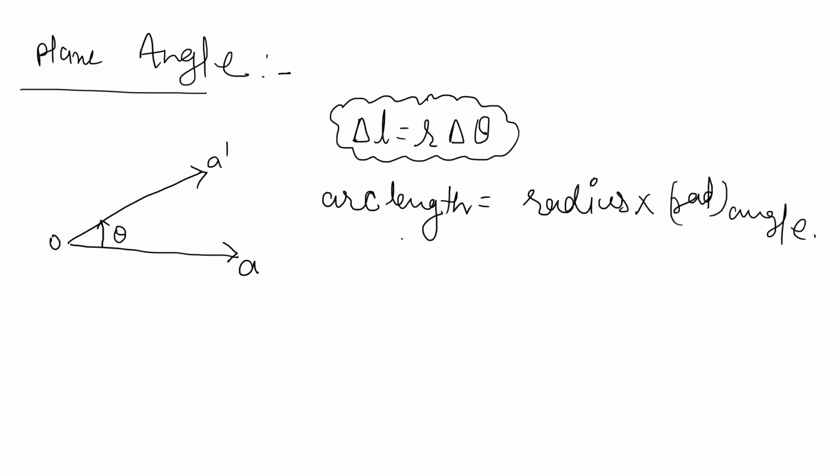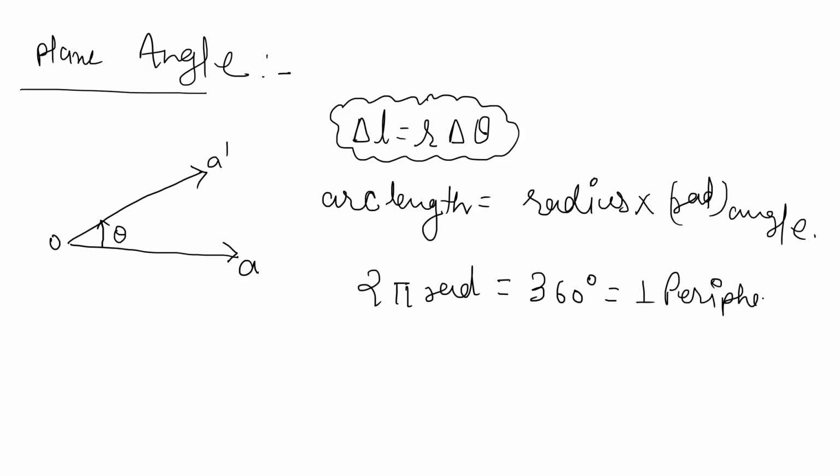And you should also know that 2 pi radian is equal to 360 degree, and you can also say one periphery. These are some standard definitions of angle, because these standards are chosen as a reference.